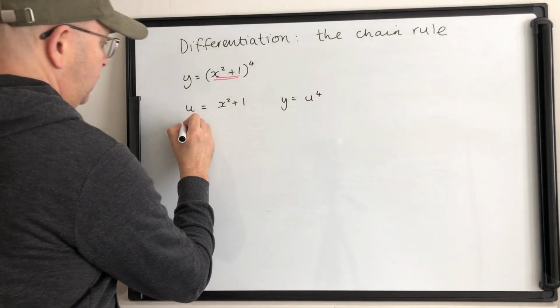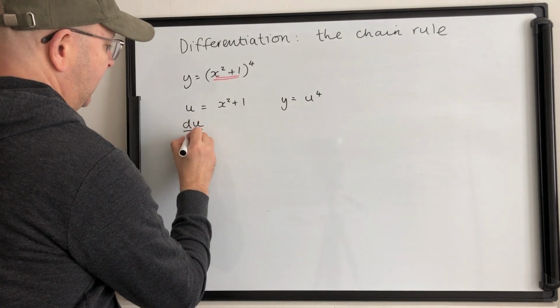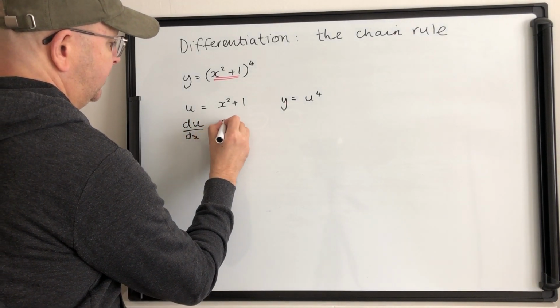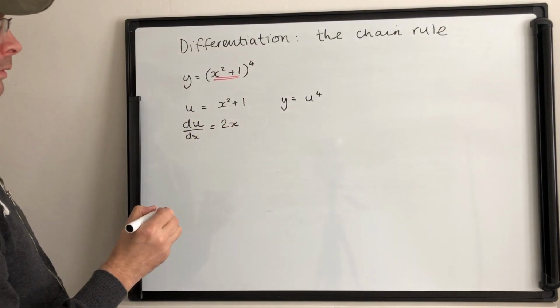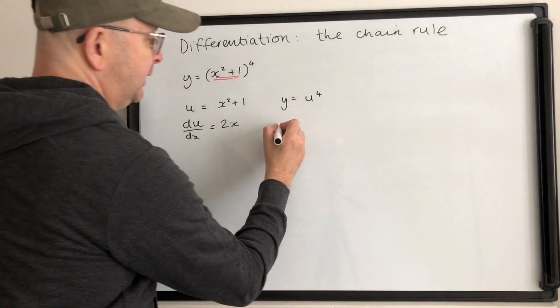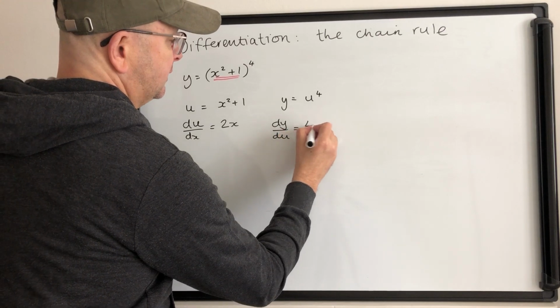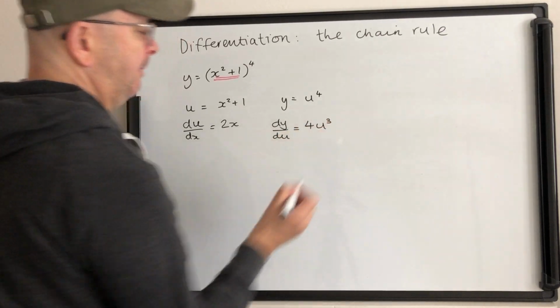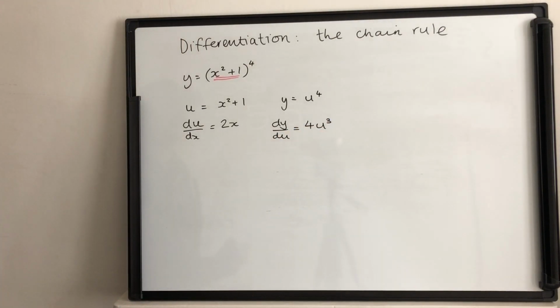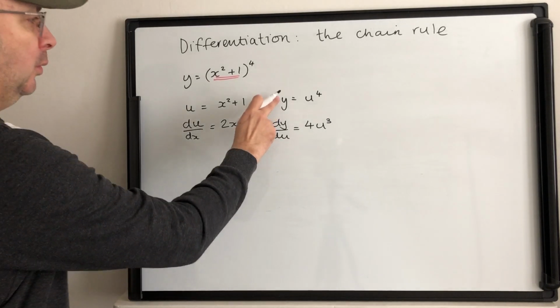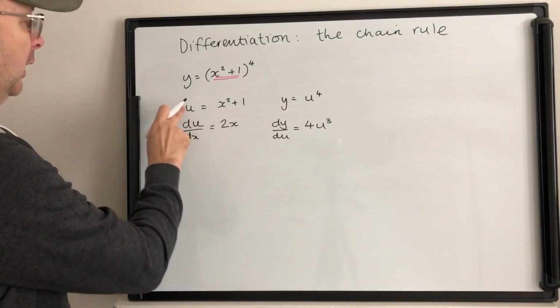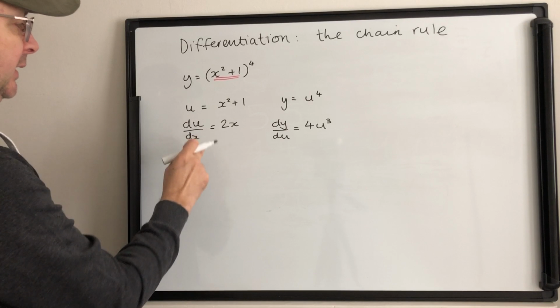So you have du/dx will be 2x, and then dy/du is 4u³. Notice you've got y there, u's there, so dy/du, u there, x is there, so du/dx.